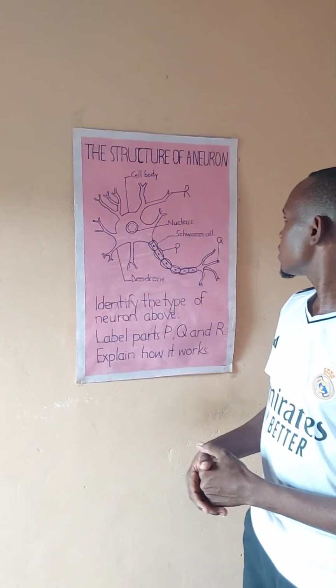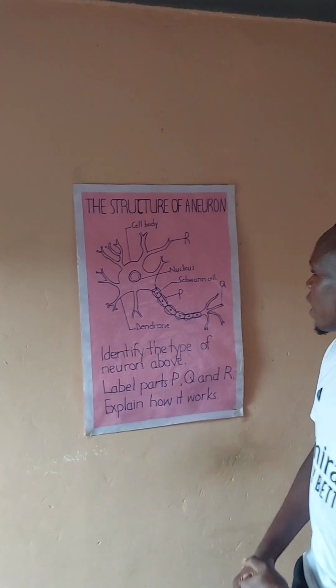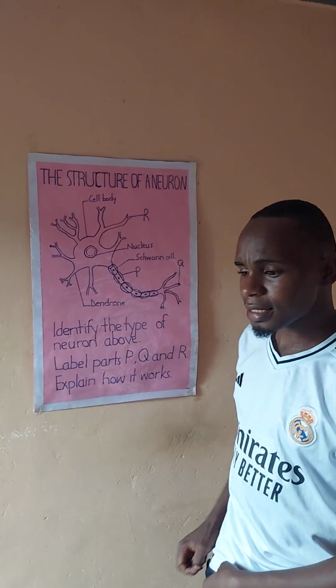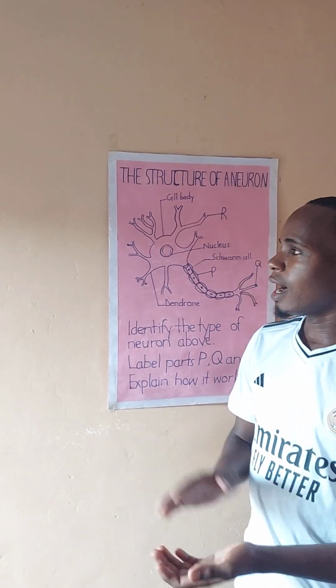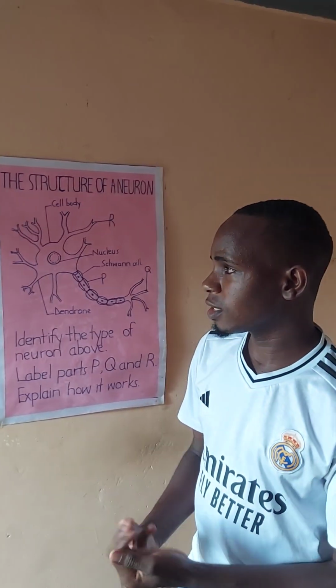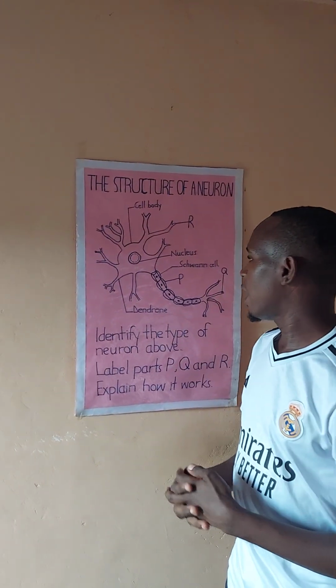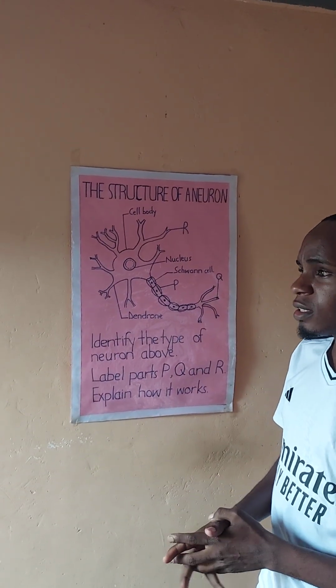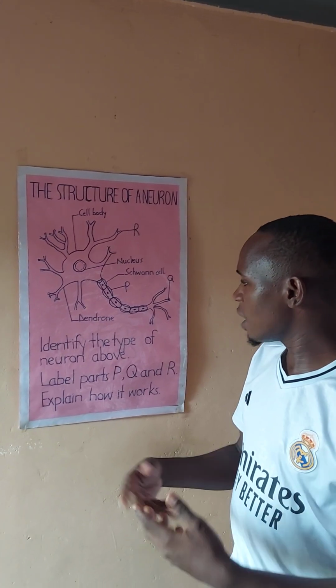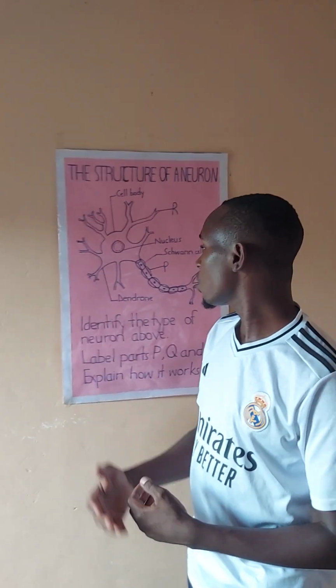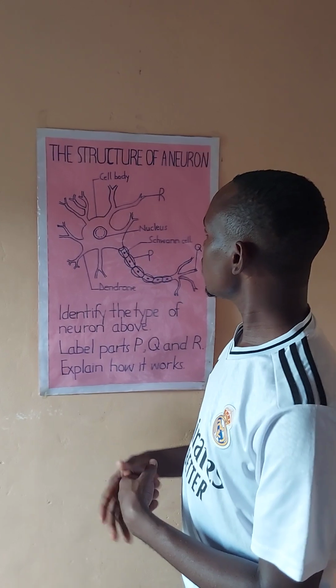What is the function of the nucleus? The nucleus controls activities taking place in our neuron. Thank you so much. I appreciate such wonderful participation in the class. I hope everyone is able to explain the functioning of the motor neuron well enough.